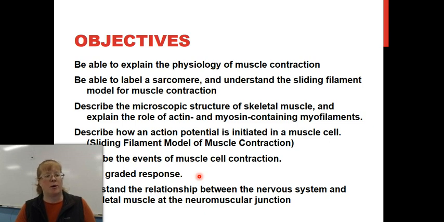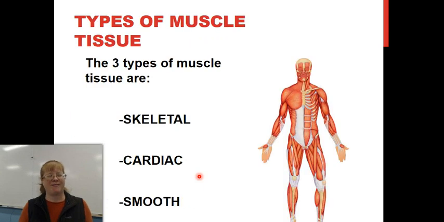We're also going to describe how an action potential is initiated in a muscle cell and the events of the muscle cell contraction. We're going to talk about what a graded response is, and then, like I said, talk a little bit about how the nervous system is involved in the skeletal muscle contraction process at the neuromuscular junction.